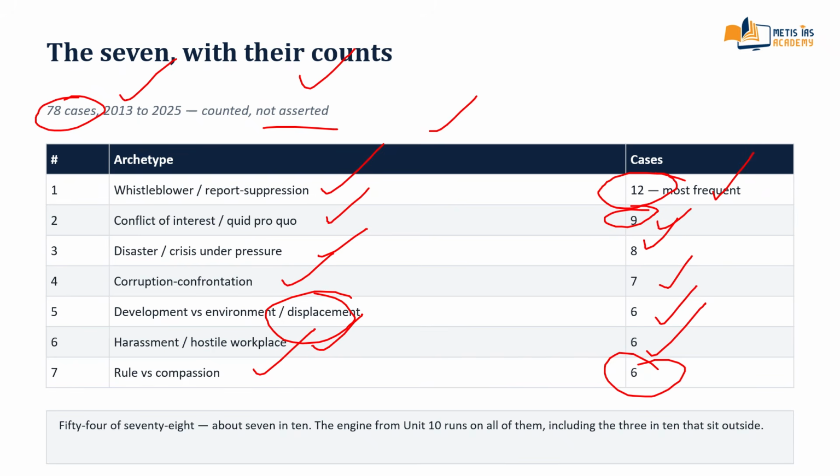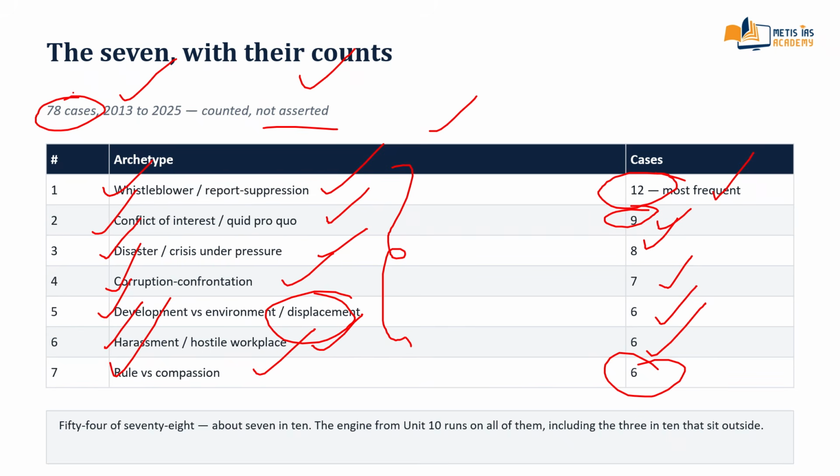So these are all seven archetypes: whistleblower or report suppression, conflict of interest or quid pro quo, disaster or crisis under pressure, corruption and confrontation, development versus environment or displacement, harassment or hostile workplace, and rule versus compassion.